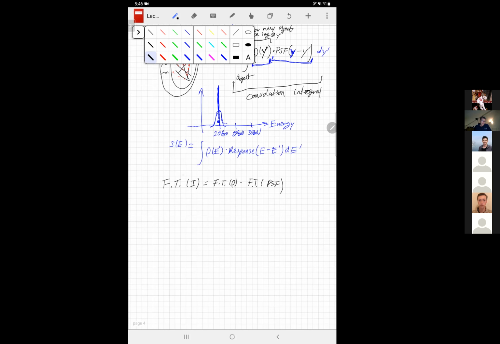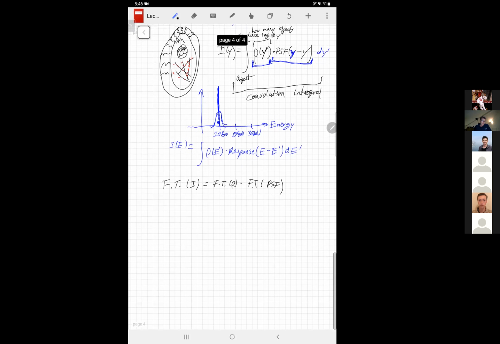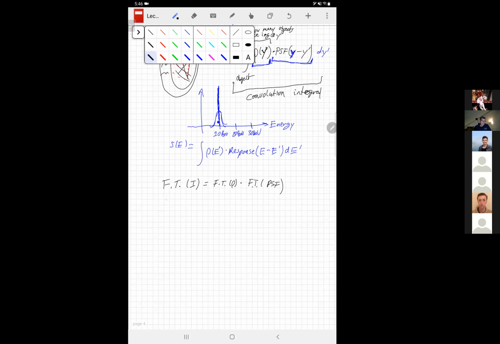All right, so we could take an image and we could break it down into sine waves. If we wrote this as, people sometimes write I tilde of k, that's the Fourier transform of the intensity.